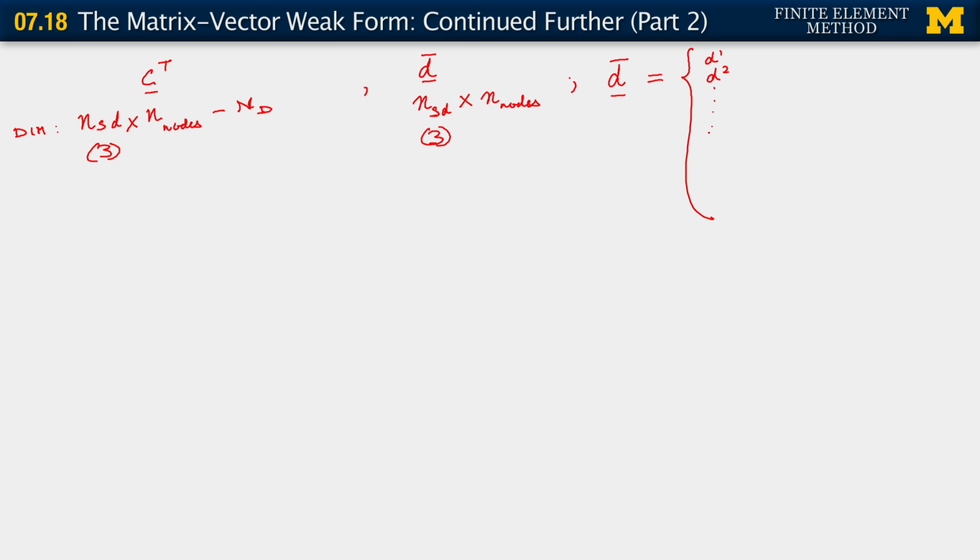But now let me see. We said A bar and B bar belong to the set of global degrees of freedom on which the Dirichlet boundary conditions have been specified, right? So when we come to d A bar, d B bar, going all the way down to D NSD times number of nodes, what do we know about d A bar and d B bar? We know them. These are known.